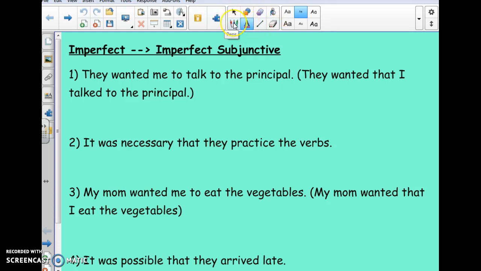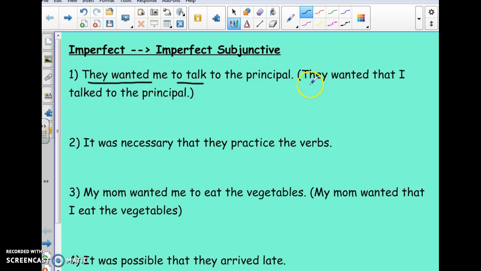So just to give you an example of how you're going to have to change your sentence around, this first sentence in English says, they wanted me to talk to the principal. But that would make this imperfect and then this just the infinitive. And that doesn't work. We have to make this imperfect subjunctive because just because they wanted me to do something doesn't mean I'm going to.